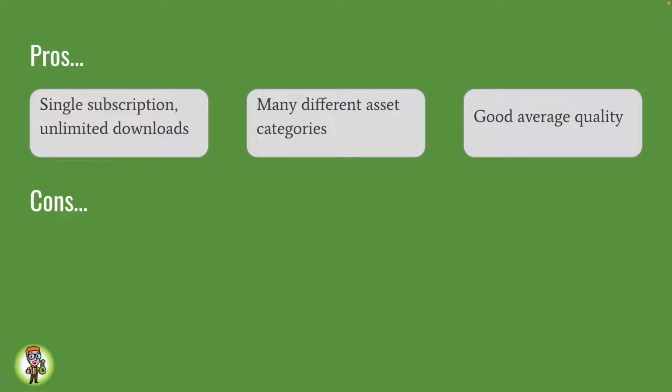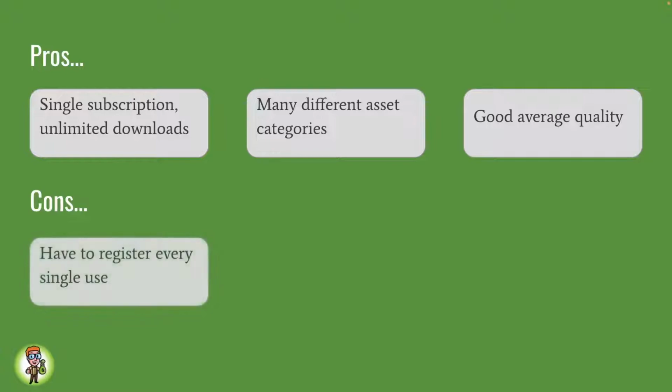But now let me spend a few more words on the cons instead. I have already mentioned how annoying it can be, the need for you to register each usage of your assets, especially in cases when you need to use them for your main business identity, and so you need them across many of your products.